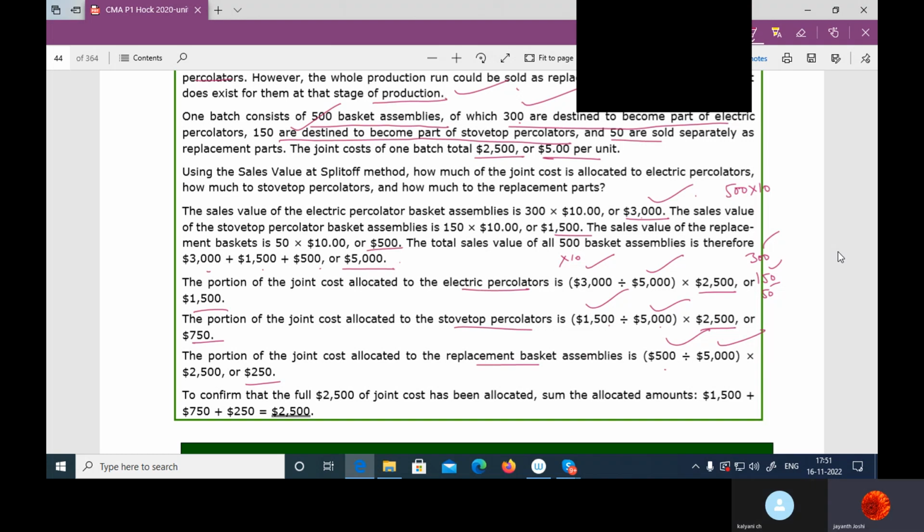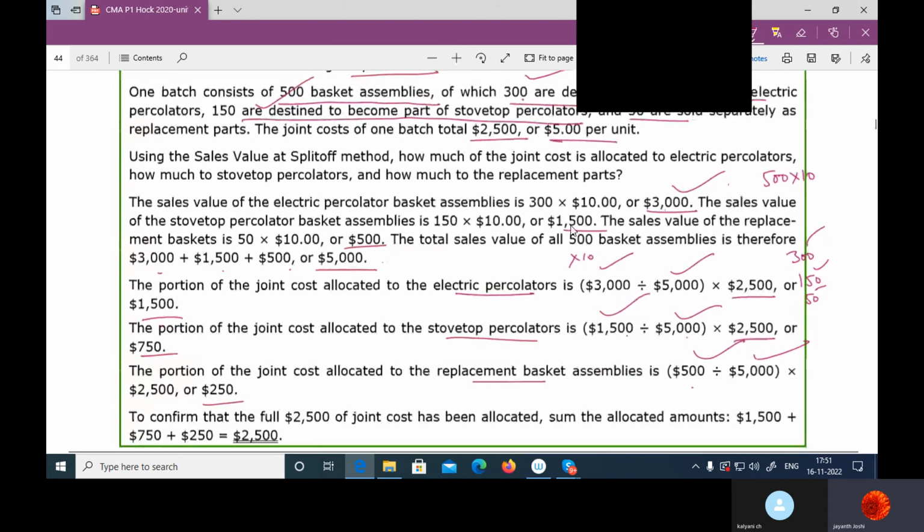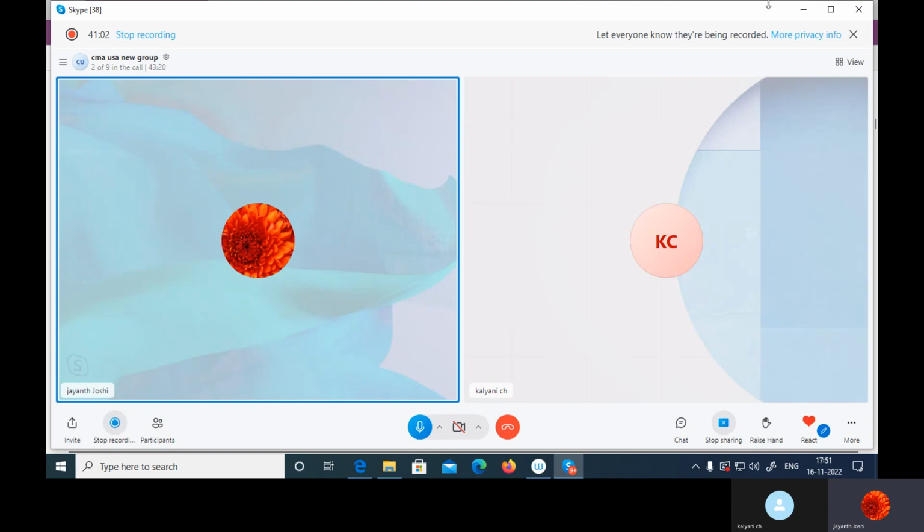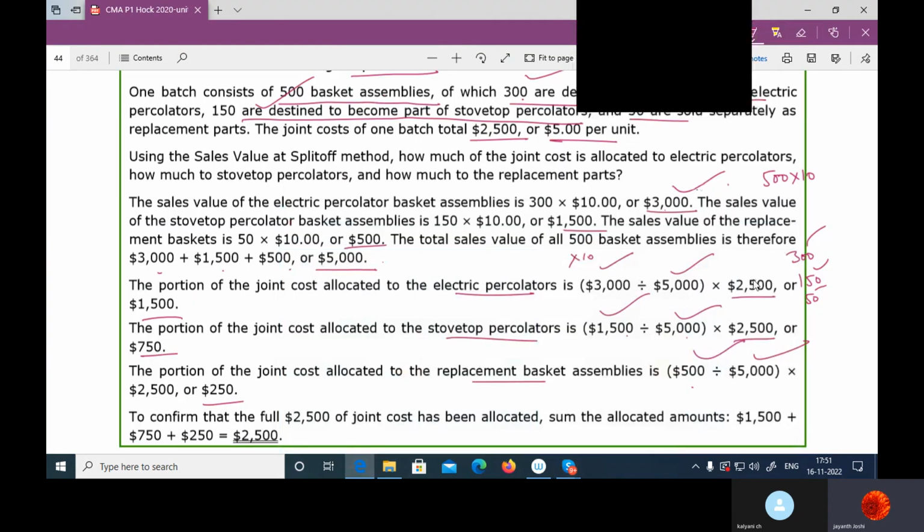Done, sir. I take the snap. Once done, please confirm. I take the snap, sir. I want to write after the class. No, video recording will be there now. Yeah, I know. So you can go through the video recording.